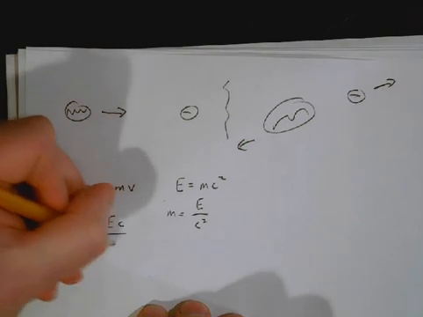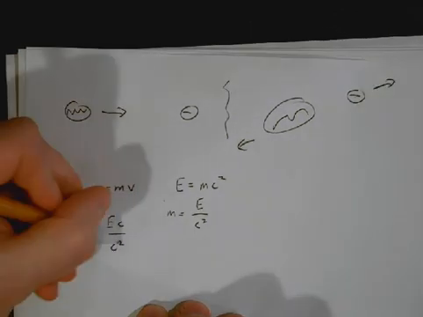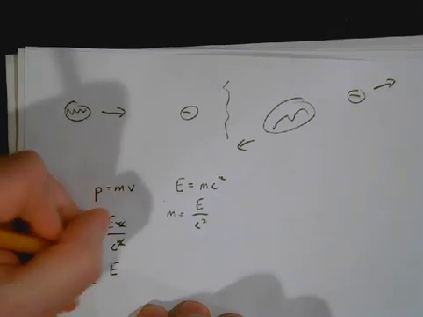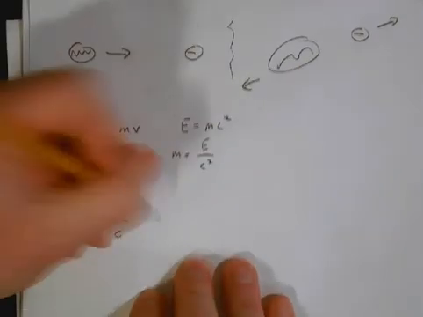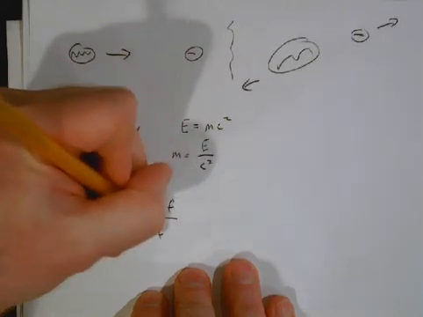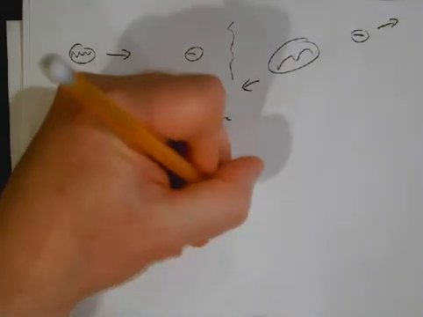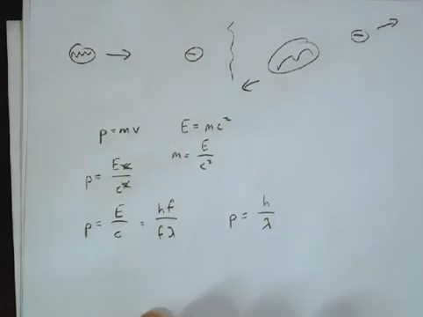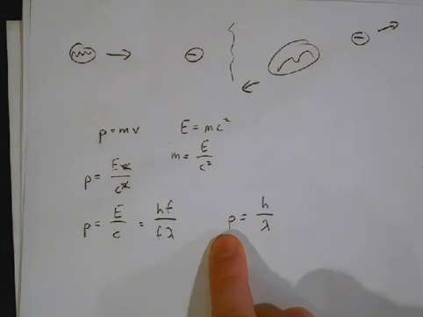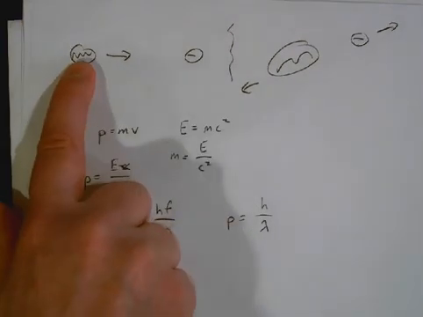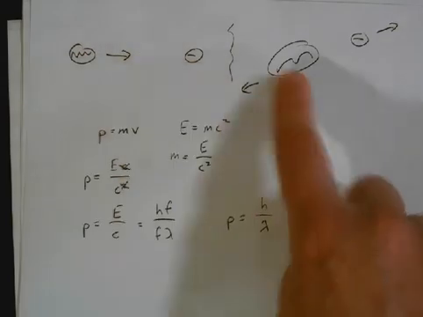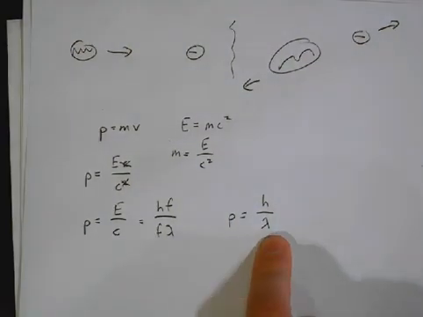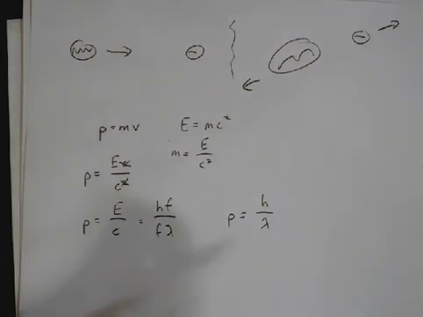So momentum equals E times c over c squared, which is E over c, which equals hf over c, which means momentum is equal to h divided by the wavelength. So the smaller my wavelength, the more momentum I'm going to have, which is why this guy has more momentum. After the collision, it's given some of its momentum to the electron, so it would have a longer wavelength.